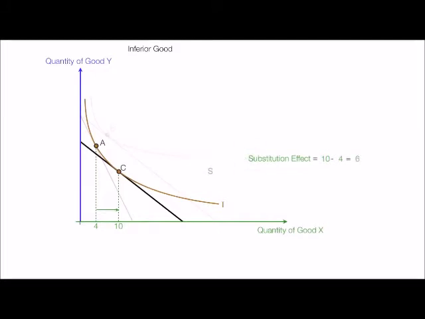And I will label that S. I will put the budget line back where it belongs. The income effect is actually going the other way, and it's 7 minus 10, or negative 3.